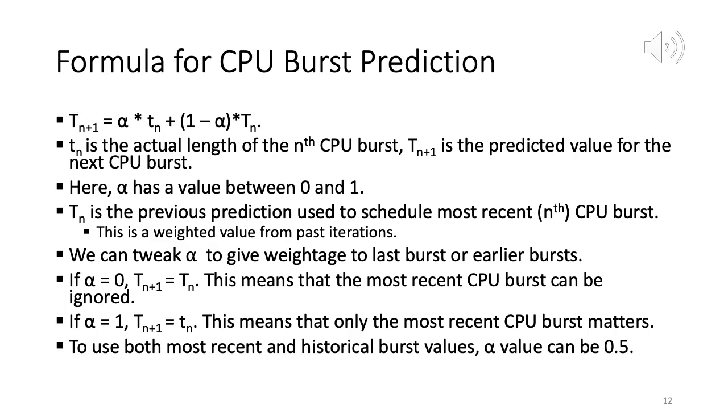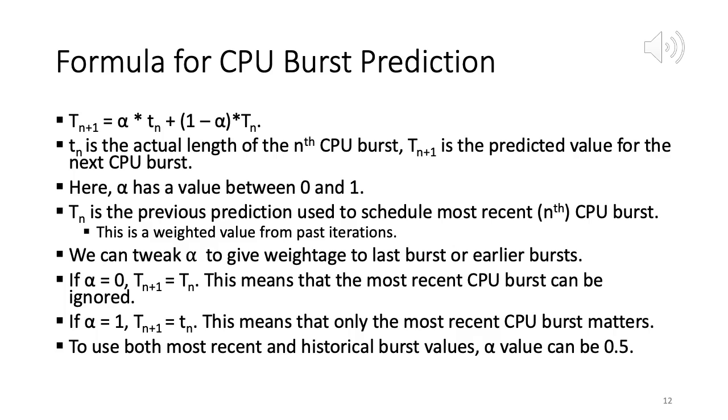So T(n) is a weighted average, and alpha is a value between 0 and 1. The reason alpha is there is so that we can tweak the weightage given to small t(n) and the weightage given to large T(n).